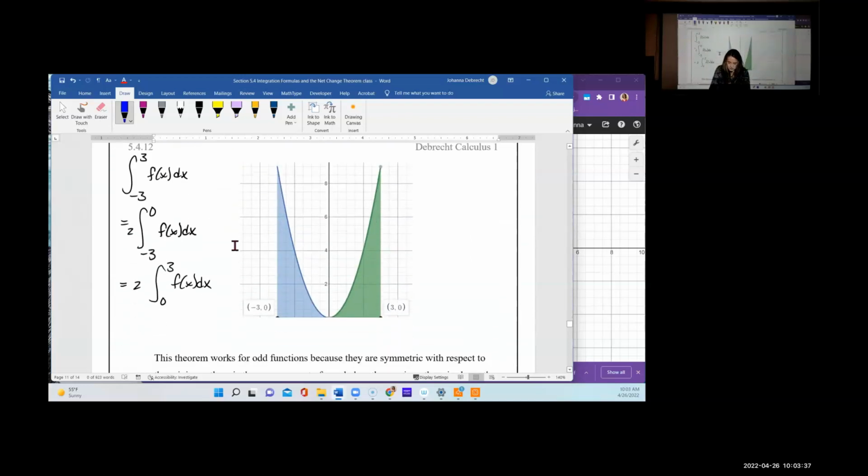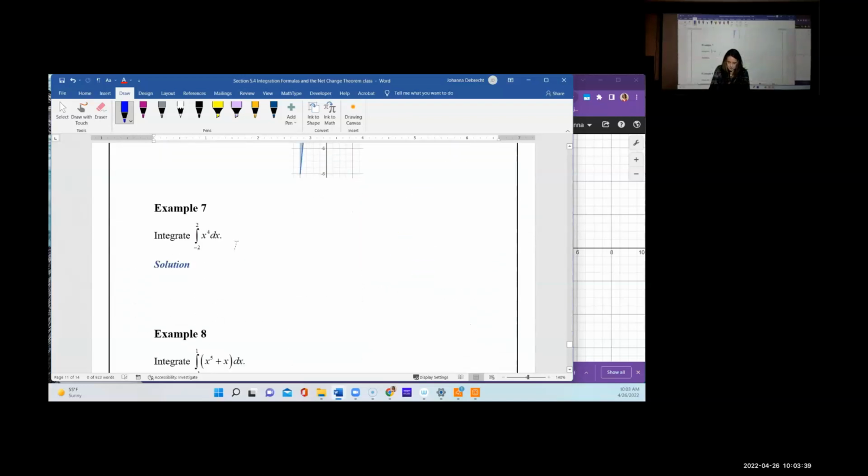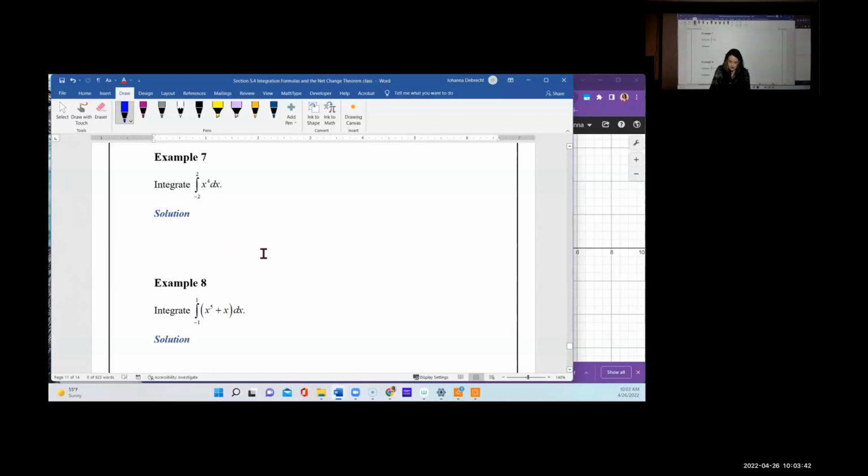Okay. We have 2 small examples left to do, and then we're going to move on to section 5.5. So looking at example 7, we have the integral from -2 to 2 of x to the 4th dx. This is a power function. Power is even, and because the power is even, it's an even function, which means that the integral from -2 to 2 is the same as the integral from 0 to 2 of x to the 4th dx doubled.